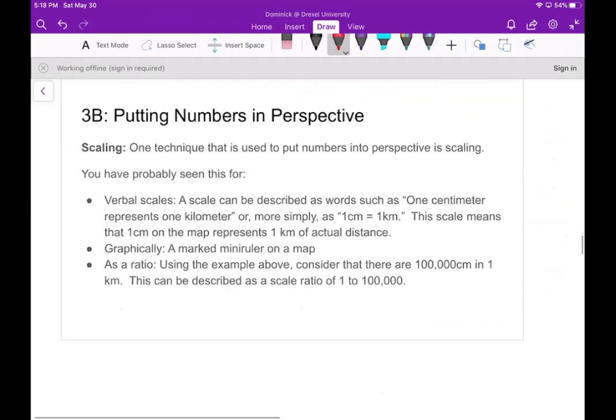Okay, now I believe that the last thing that we talk about in this video is the idea of scaling, right? So there are multiple ways that you can sort of use this, right? So for verbal scales, you can describe something in words, like 1 centimeter represents 1 kilometer, right?